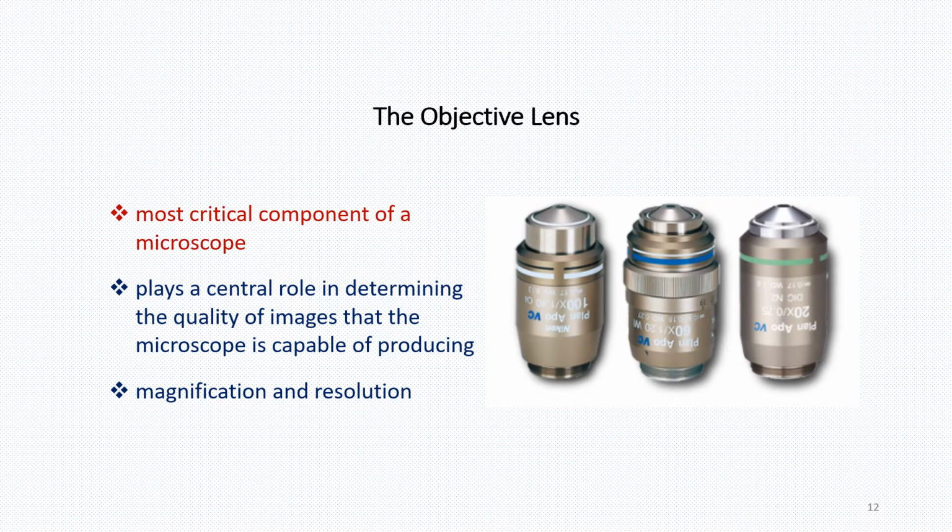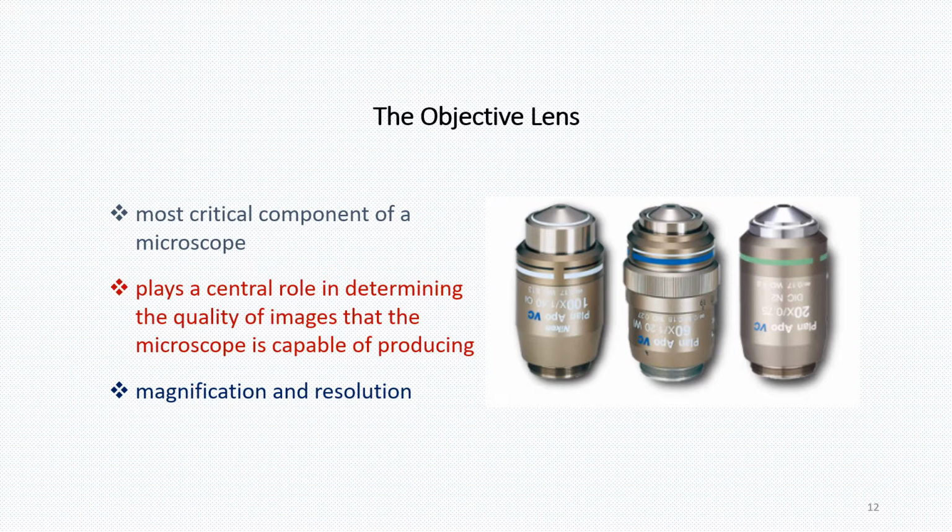Microscope objectives are perhaps the most important components of an optical microscope because they are responsible for primary image formation, and they play a central role in determining the quality of images that the microscope is capable of producing.